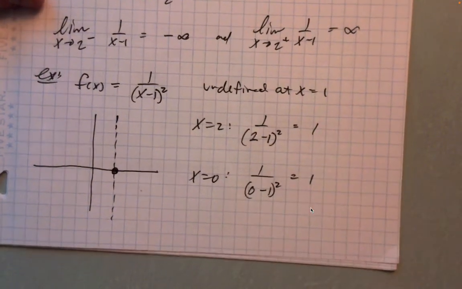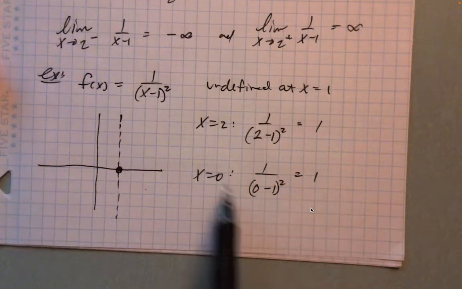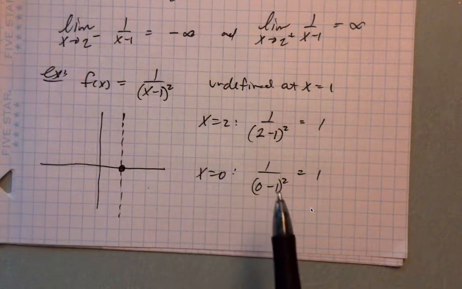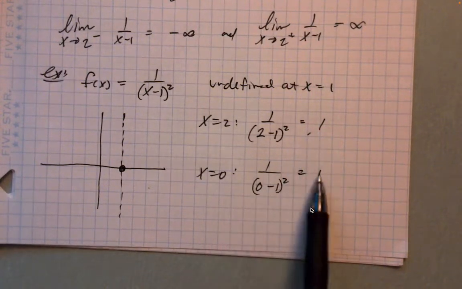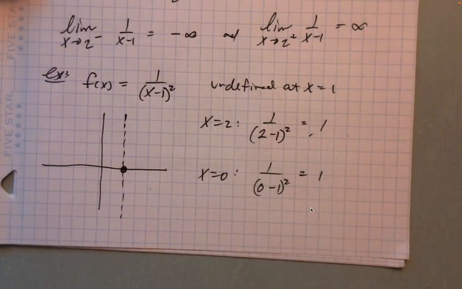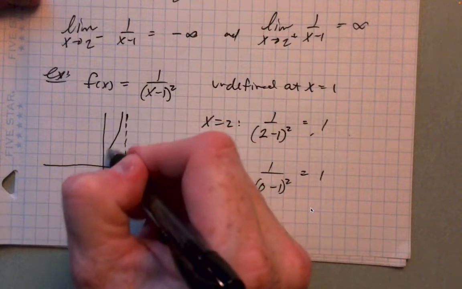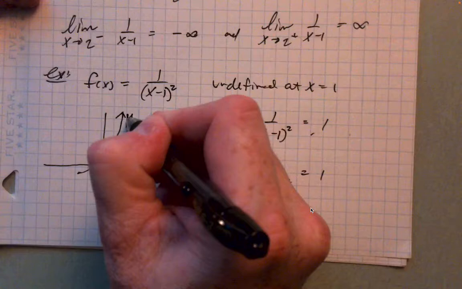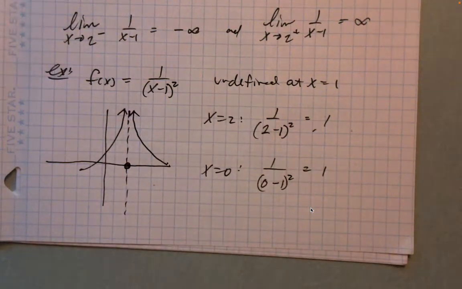Positive 1 as well. And we could test closer just to make sure that there is in fact a trend up or down. And so when we do that, what we would confirm is that both sides are heading to positive infinity as x approaches positive 1.